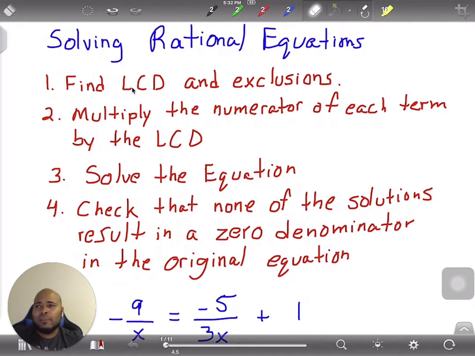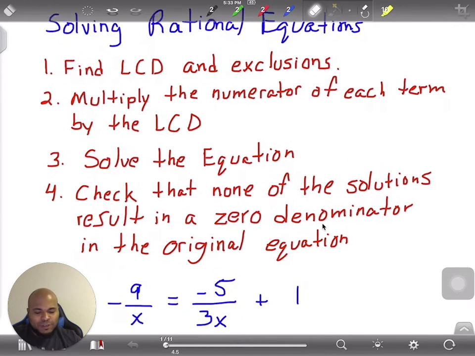Finding the least common denominator, I will assume that you know how to do that. Multiply each term by the least common denominator, or LCD. Then we're going to solve the equation, and then we're going to check that none of the solutions result in a 0 denominator in the original equation, which is an exclusion. Okay, so let's get started.